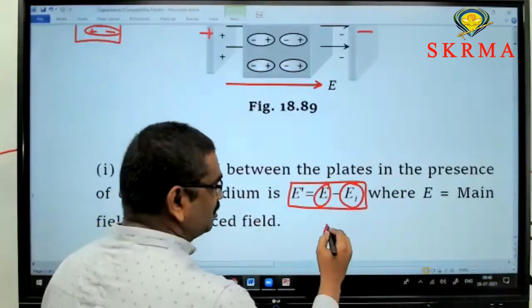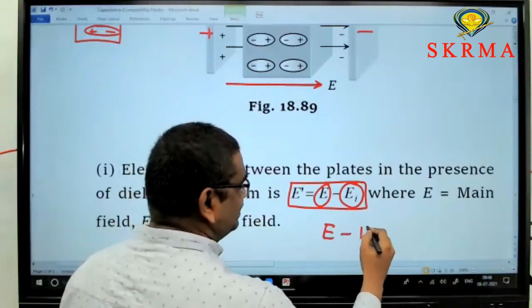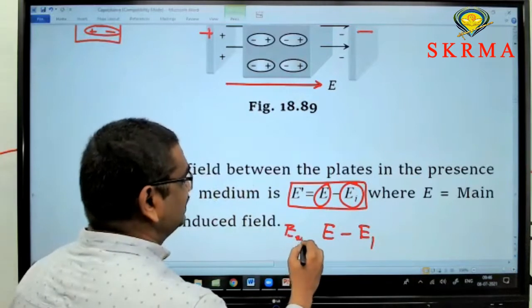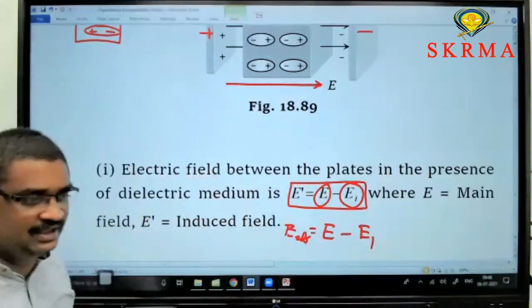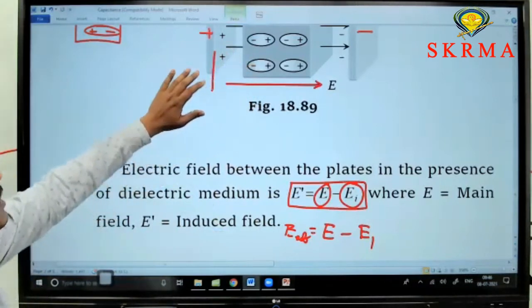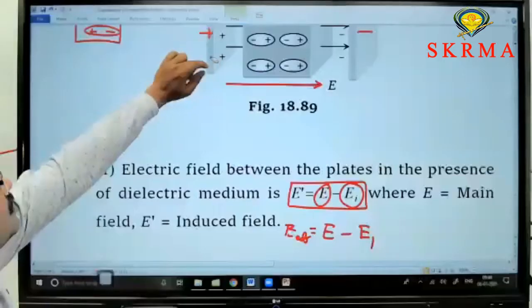So the electric field outside the dielectric minus the electric field inside the dielectric is the net electric field. It is simply the difference between these two electric fields.